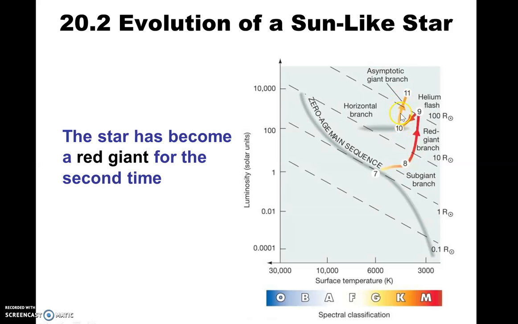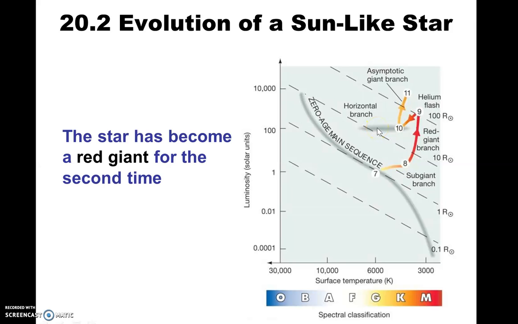So it begins to expand, but because it's expanding, it's cooling down, and so that part right there is called the asymptotic branch. But it becomes a red giant again, right? Remember, it was becoming a red giant over here from stage 8 to 9, and then there was a helium flash, and then we stabilized for a while anyway.